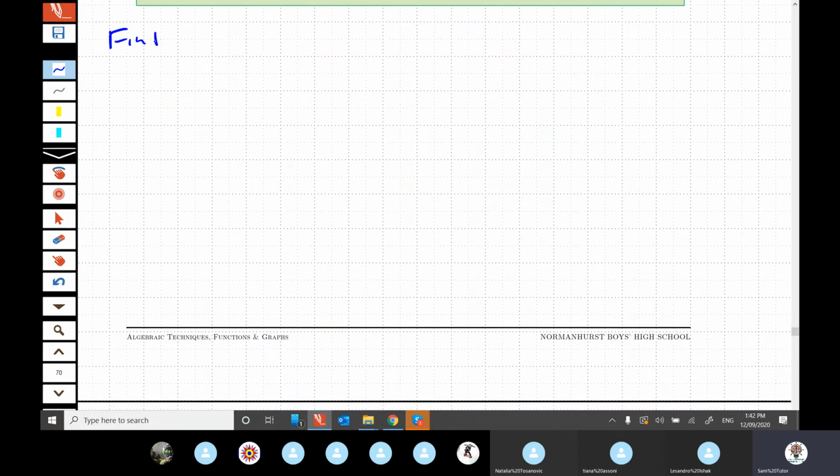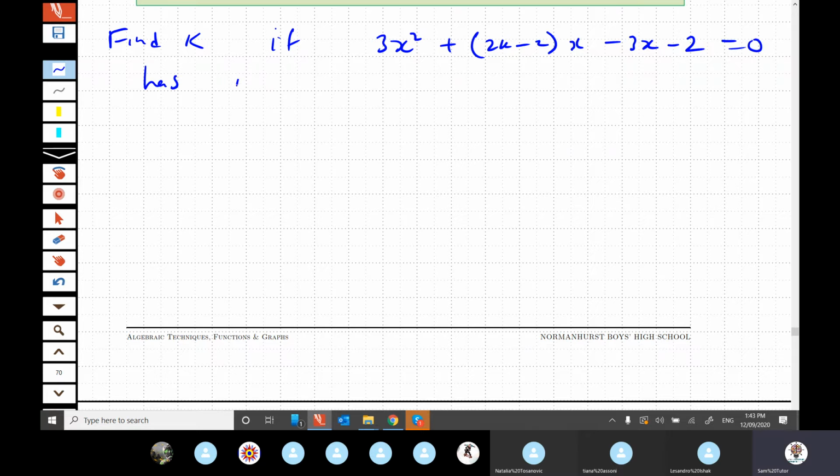Find k if 3x squared plus 2k minus 2x minus 3k minus 2 equals 0 has (i) 1 root, (ii) 2 roots, (iii) no roots.